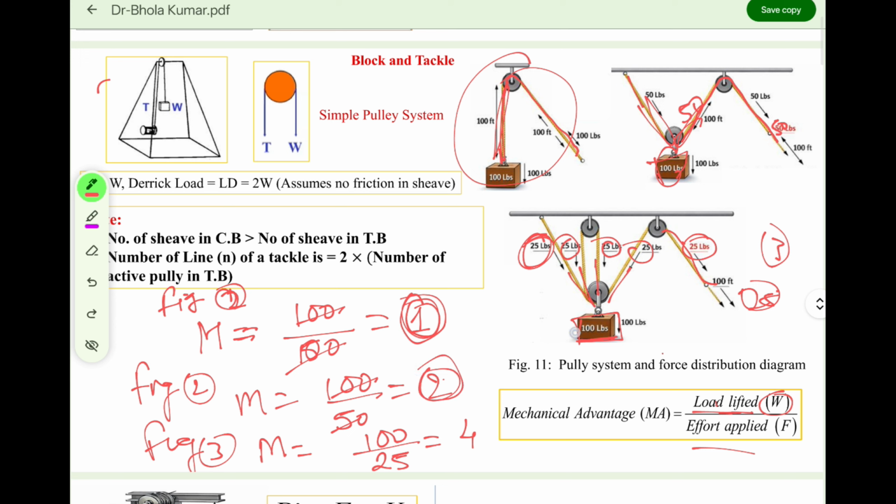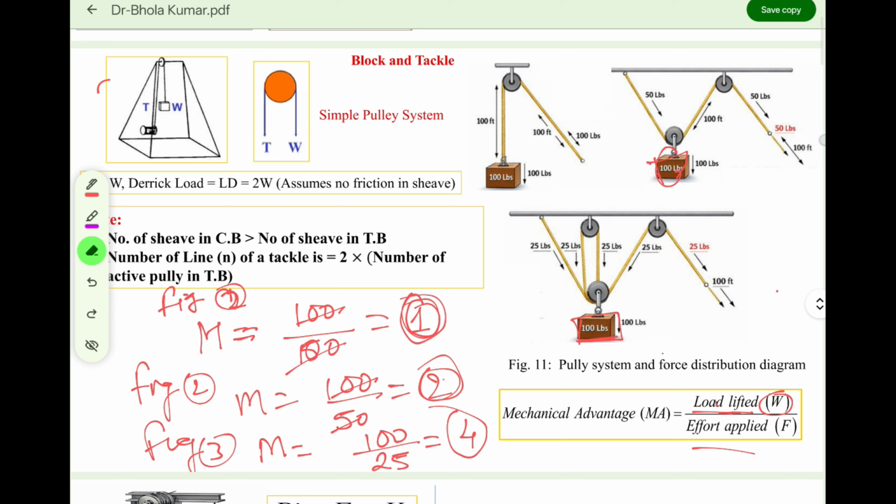If your load is attached with 4 lines, then you are getting mechanical advantage of 4. What is the conclusion regarding this? The conclusion is that as the number of lines increases, the mechanical advantage increases. Are you getting my point?